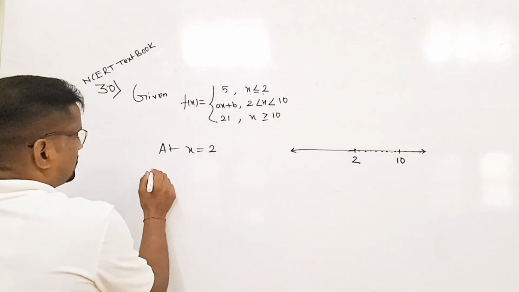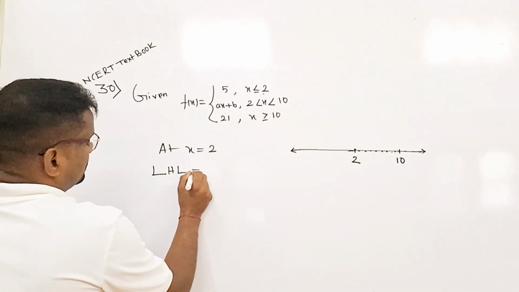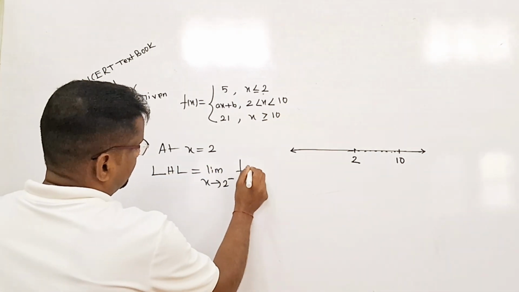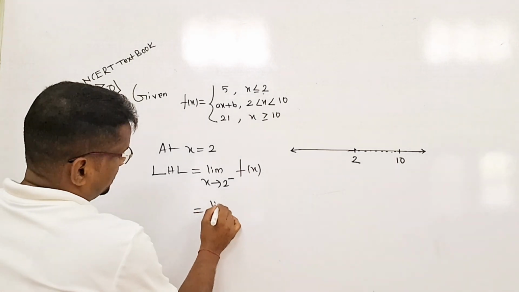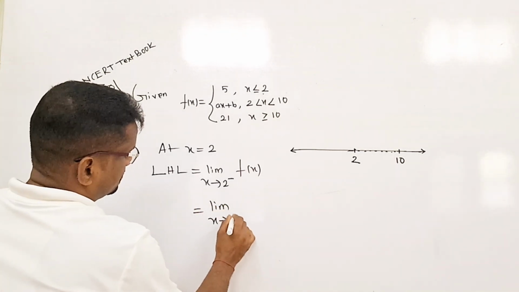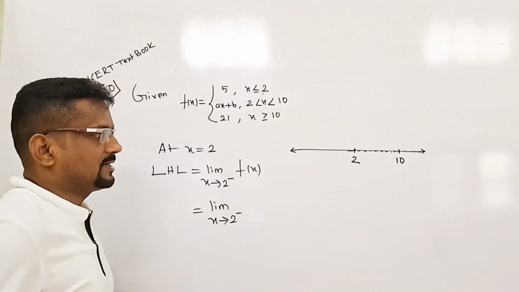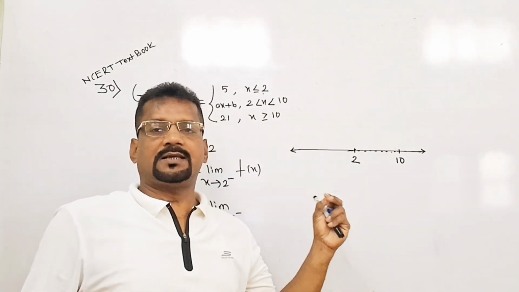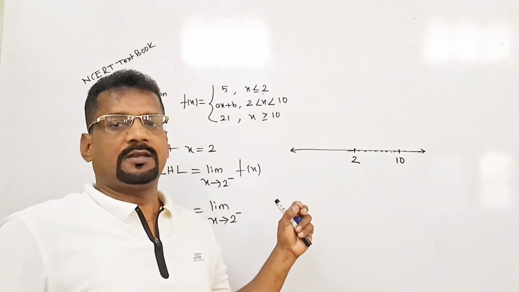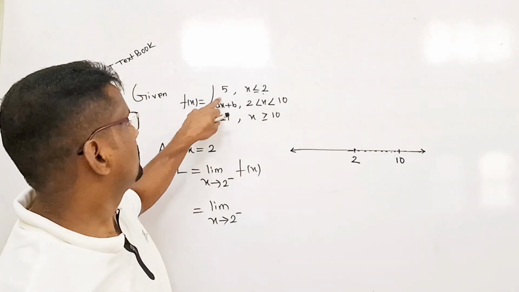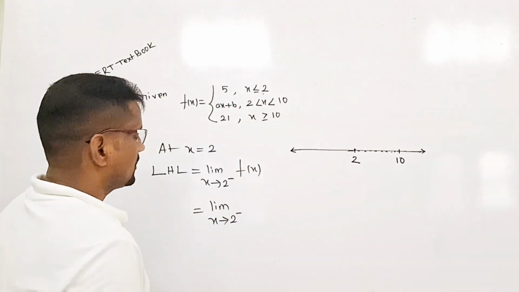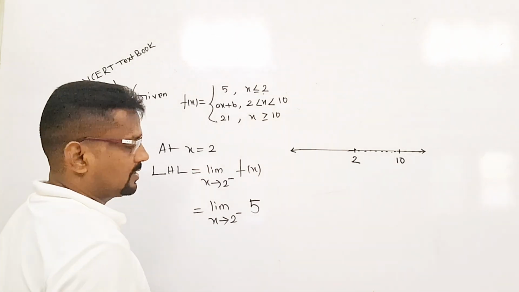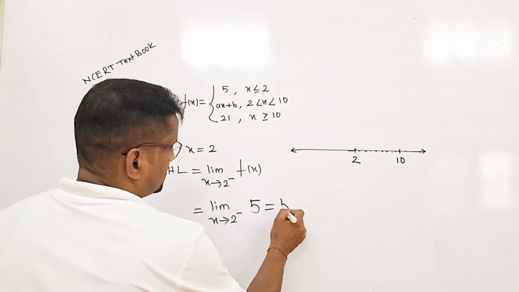So at x equal to 2, find the left hand limit: limit x tends to 2 negative, f of x. As x tends to 2 negative means x is to the left side of 2, that is x is less than 2. That's why f of x is 5, as given. So f of x is directly 5, and the limit of any number is the number itself. So the left hand limit is 5.